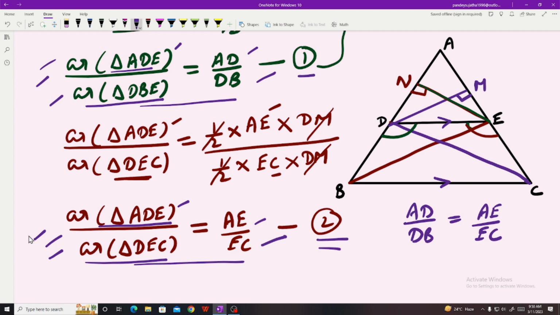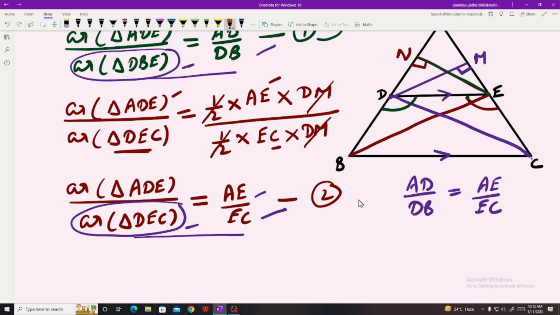So in that case, to make the left hand sides equal, we need to prove area of DBE equal to area of DEC. Observe in the figure that triangle DBE and triangle DEC both have the common base, that is DE.